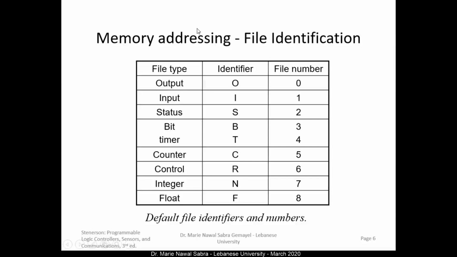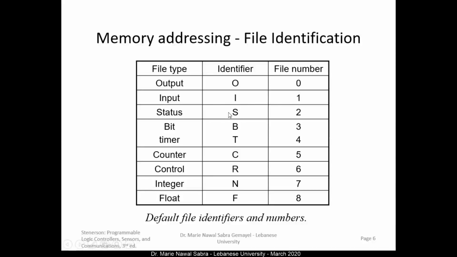To address each data kind, we have an identifier for it, and we have a file number. In this table, we have the list of the identifiers and file numbers that we have in the Rockwell Automation PLCs. We have the letter O as an identifier for outputs and the file number 0. For inputs, I have the letter I and file number 1.